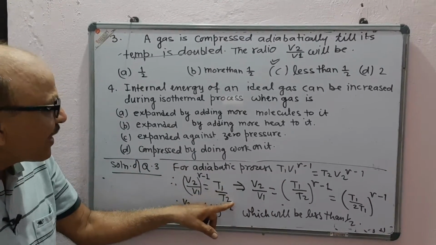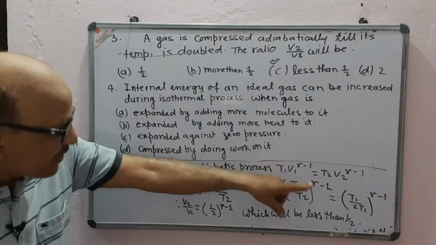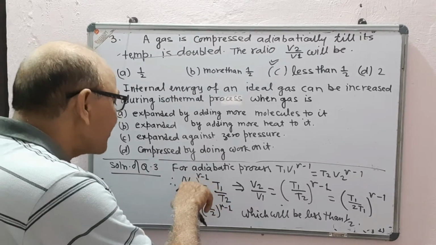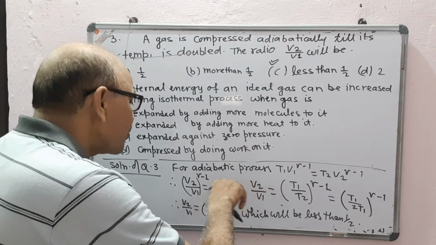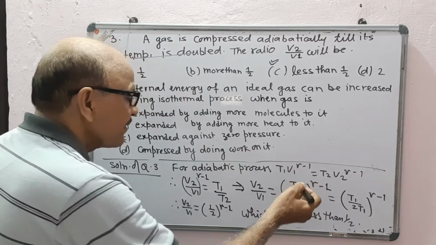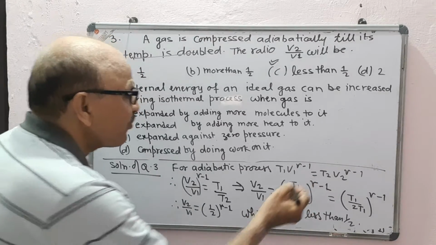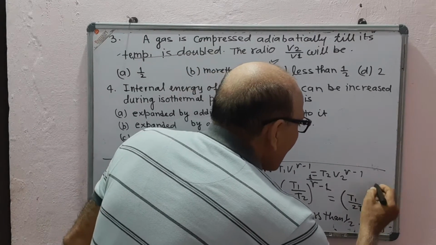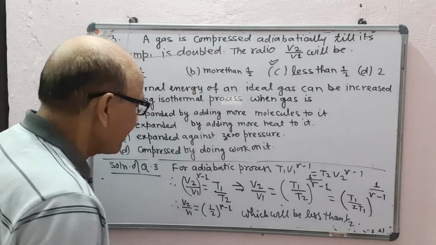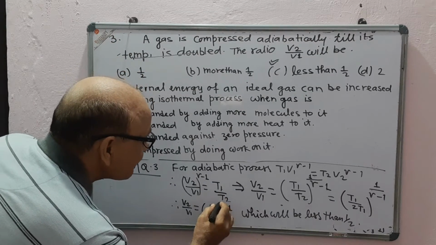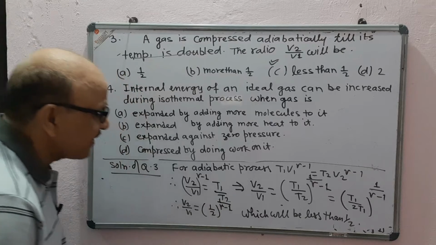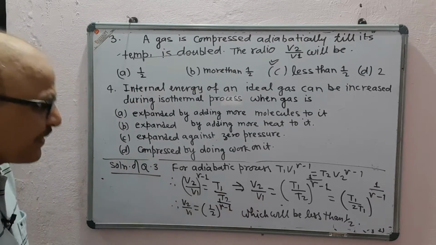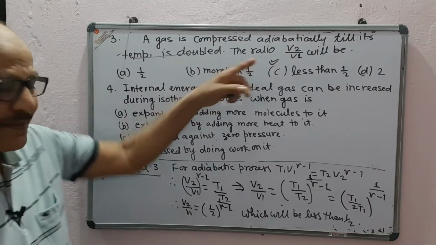Therefore T1 upon T2 will be equal to V2 upon V1 to the power gamma minus 1, which gives V2 upon V1 is equal to T1 upon T2 to the power 1 upon gamma minus 1, which is less than half. The correct answer will be 2.